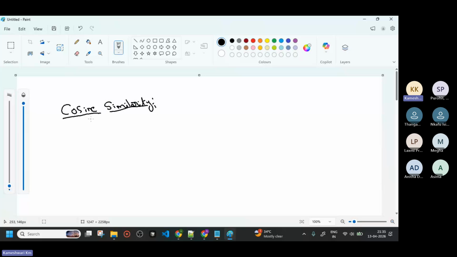So we are using some methods. One is cosine similarity, and the other one is semantic search. These are the two which are used mostly in our AI testing. So what exactly is cosine similarity?